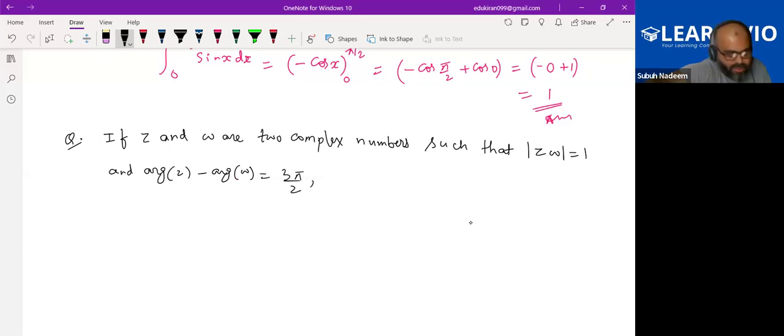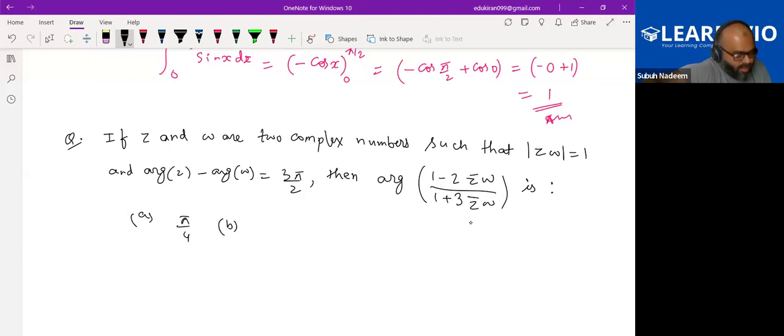I will revise what the argument and the mod are. Then the argument of (1 minus 2Z conjugate omega) by (1 plus 3Z conjugate omega) is, options are given: pi by 4, minus 3 pi by 4, minus pi by 4, and 3 pi by 4.